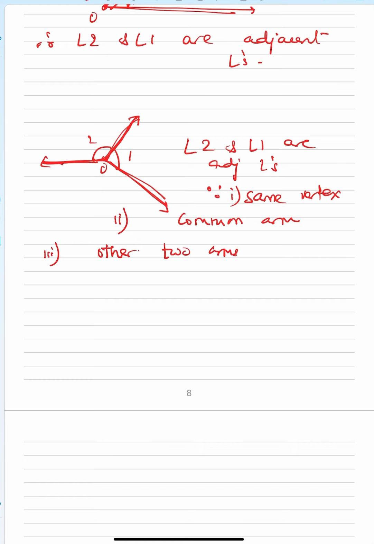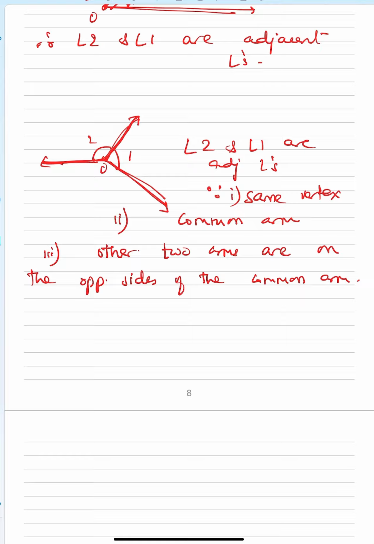Hence, they are adjacent angles. Correct? This way you have to check whether they are adjacent angles or not.